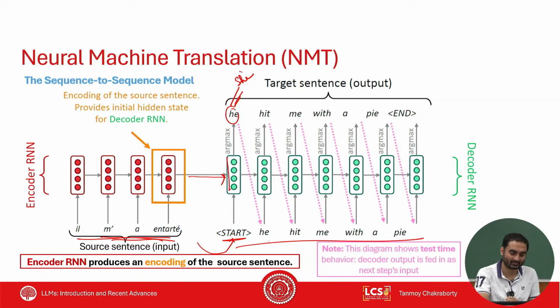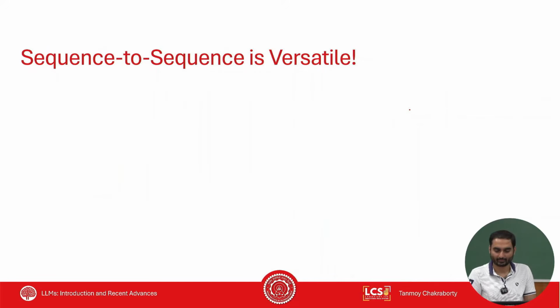For example, even if it generates "C", I will feed "he" in the next state, which is kind of cheating, but it turned out to be much more effective in at least training the model. During inference you can't do this, but during training you can. Okay, so at this stage you will have some error, at this stage some error, and so on and so forth.